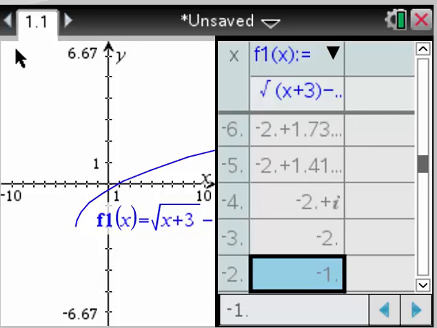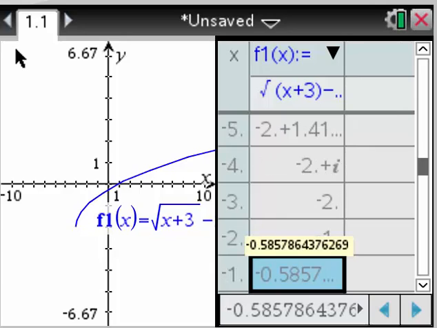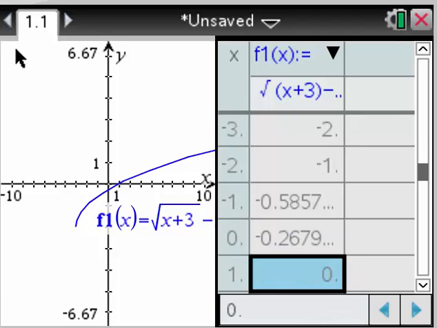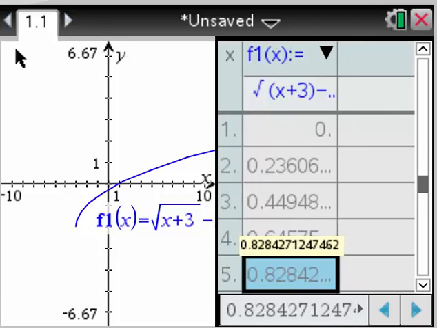And then -2 is -1, -1 is a decimal, 0 is a decimal, 1 is 0, and all the way to 6 is 1.